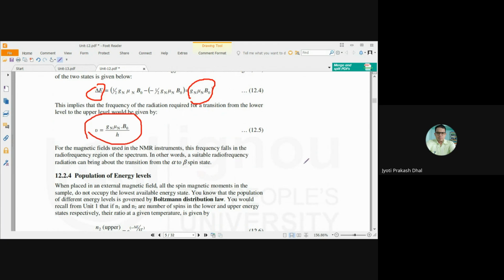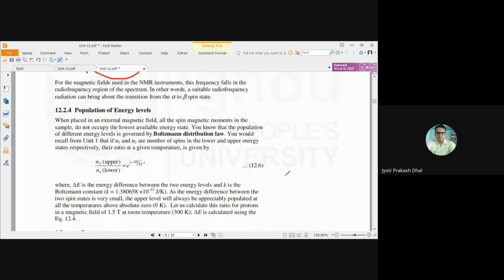For magnetic fields used in the NMR instrument, this frequency falls in the radio frequency region of the spectrum. In other words, a suitable radio frequency radiation can bring about the transition of the nucleus spin from alpha to beta state.